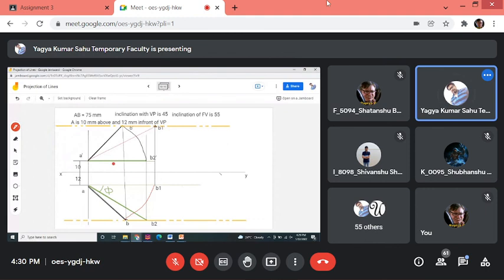True length, 75. And what about this inclination? This is the true inclination of the line, theta. And these are the inclinations of the views. This is alpha, 55 degrees. This is alpha 55 and this is beta.